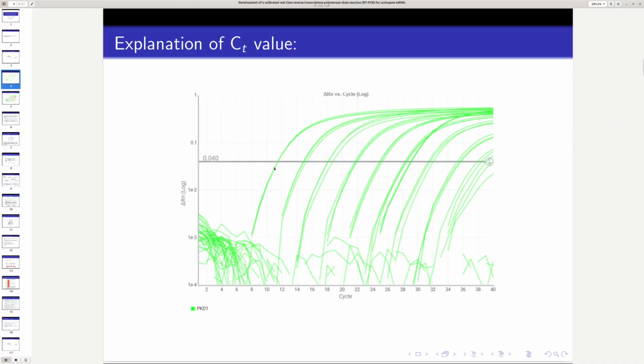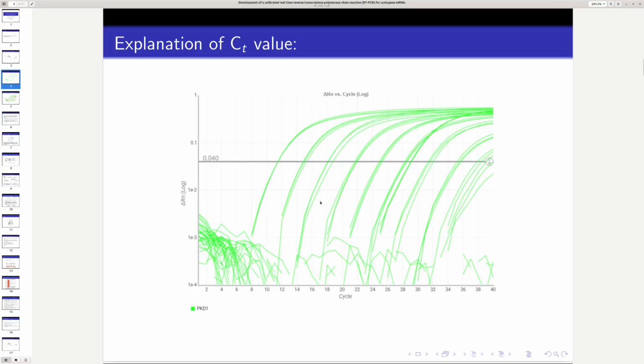Okay, and then this is 10 to the 8, 10 to the 7, 10 to the 6, 10 to the 5, 10 to the 4, 10 to the 3, 10 to the 2, and then about 10 copies here. And what you can see is that with every jump in tenfold dilution, the CT increases about 3.32 fold.